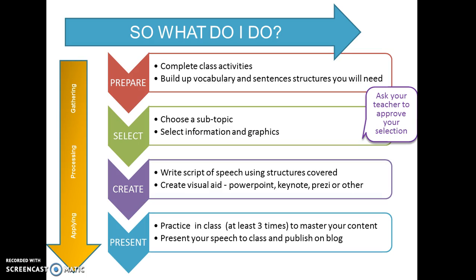You will write a script of the speech using the structures we've covered in class and create a visual aid to go with the speech, using graphics only, of course. You will have a chance to practice in class several times in small groups, and you will eventually present your speech to your class and publish it to your blog.